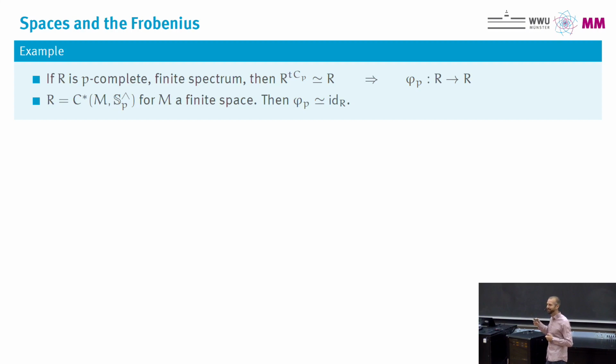It's a bit of a computation. There's this kind of magic trick where you say it's true if M is a point by inspection, and then every space is a colimit of points, so it follows. Anyway, this is like black magic, but it works and tells you that the Frobenius on cochains is the identity. So this is a distinct property that cochains on a space have, that the Frobenius is the identity.